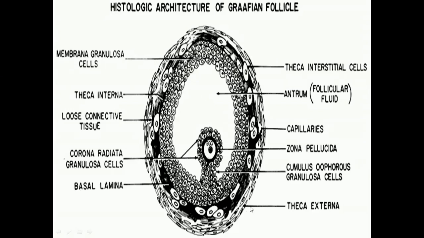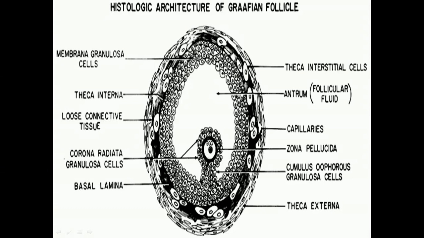So this is the theca externa, and this layer is called the theca interna. This layer we call the connective tissue in between the theca externa and theca interna. This is the layer which contains the inner egg cell, the mature egg cell. Usually estrogen is the hormone predominantly produced by the theca interna.